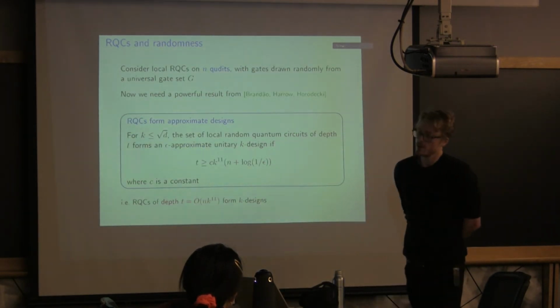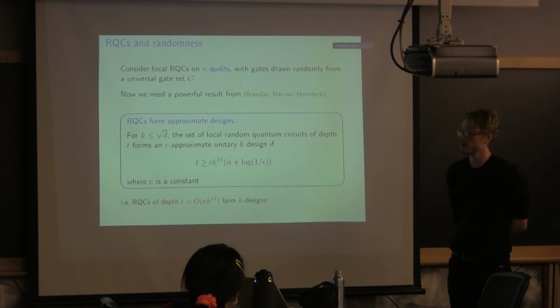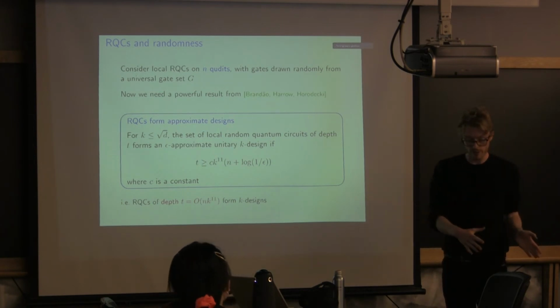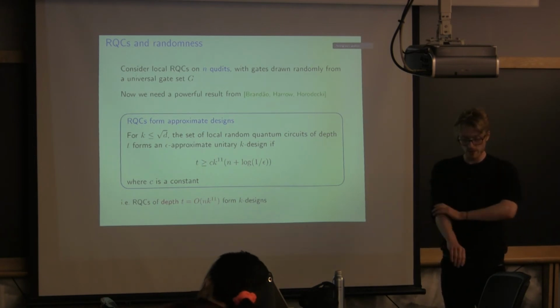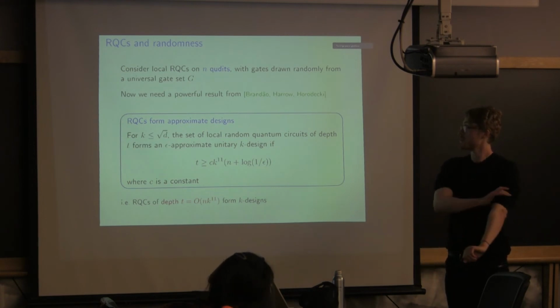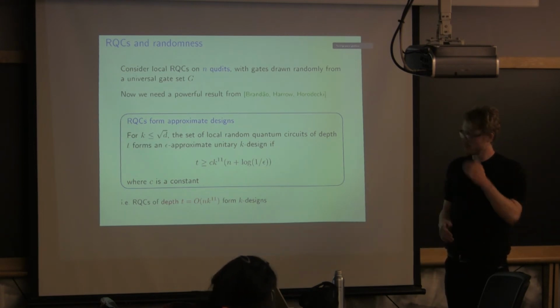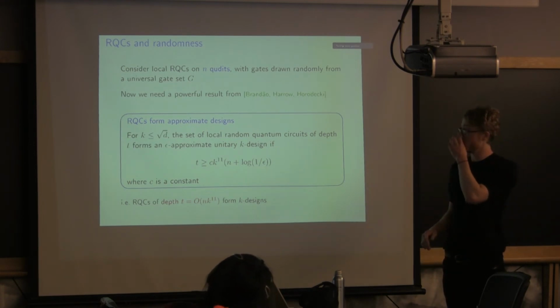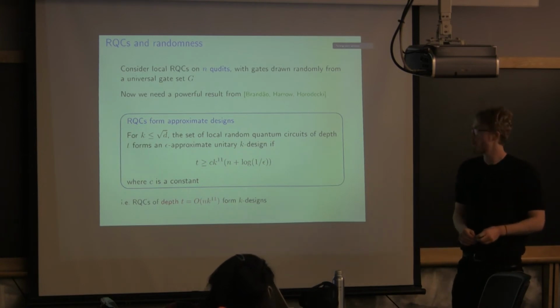Okay, so back to the idea. We wanted to prove something about random quantum circuits. And what we did is we showed that designs have some complexity. So we're going to make progress by now relying on old results, that random circuits form designs.